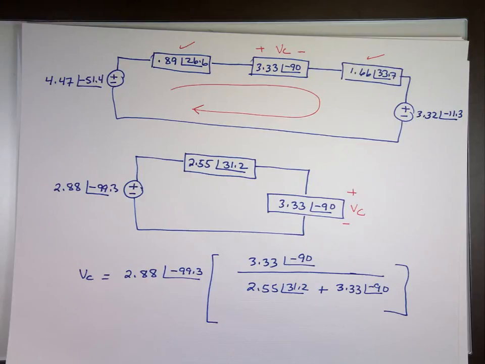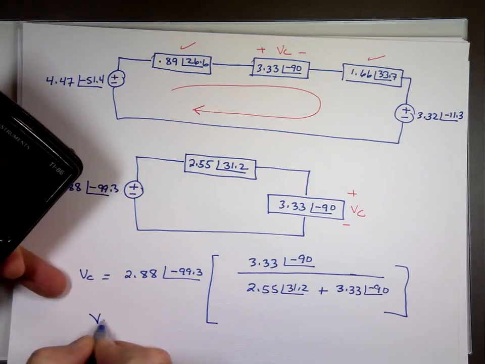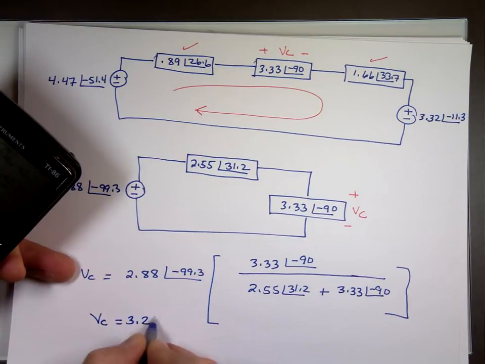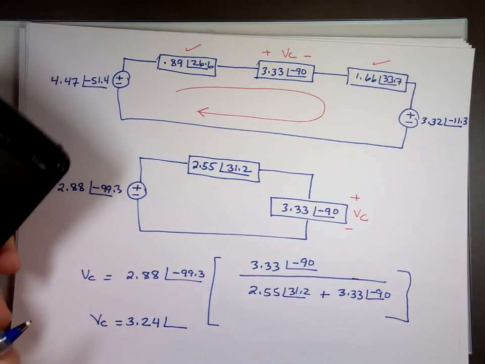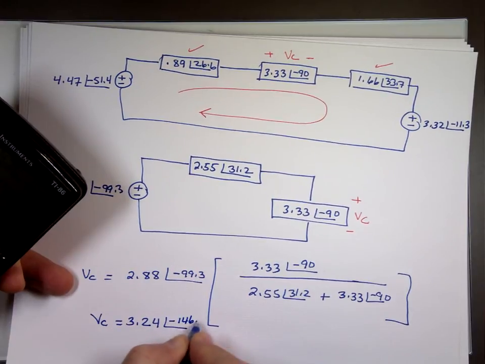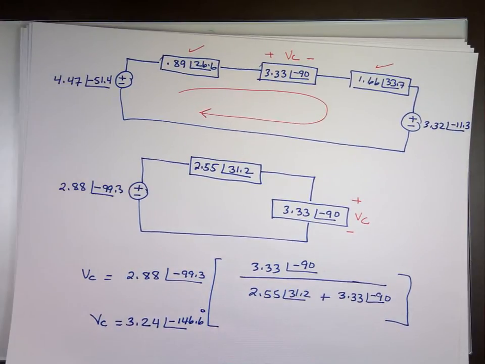And again, if I push all the right buttons here, the voltage across the capacitor is 3.24 angle negative 146.6. Now I've got to change it back to time domain.